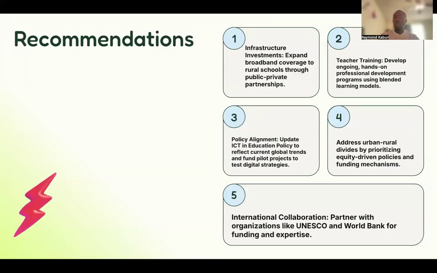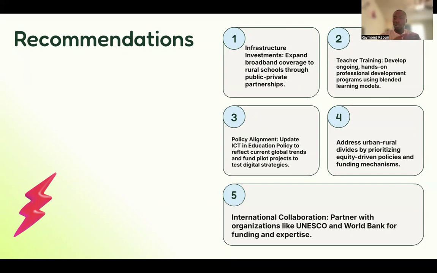The policy should also be in alignment. Curriculum development as well as funding should be made available, and the curriculum activities for its implementation and teacher training should also be aligned with the policy of the integration of ICT or technology into our classrooms.